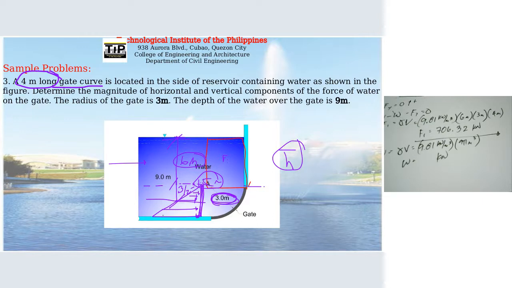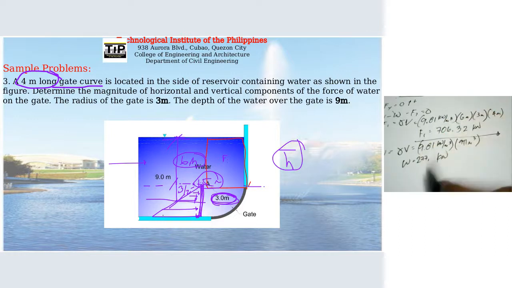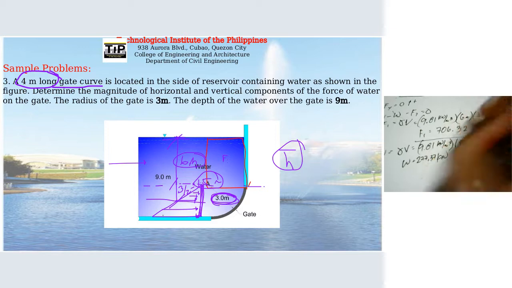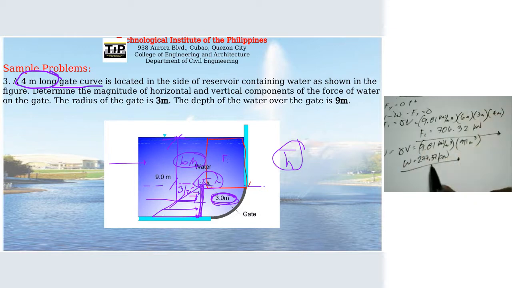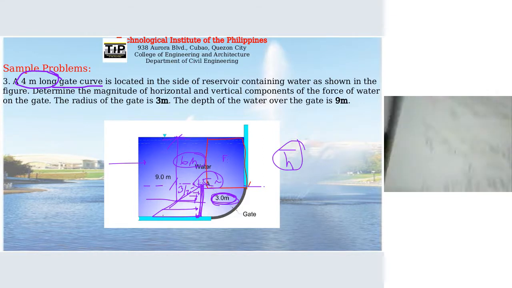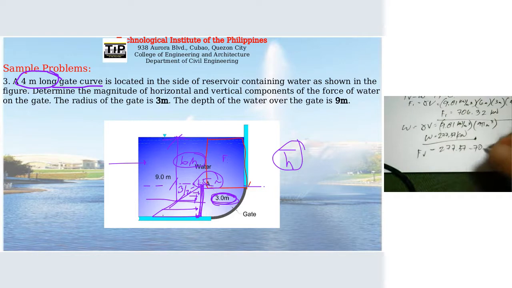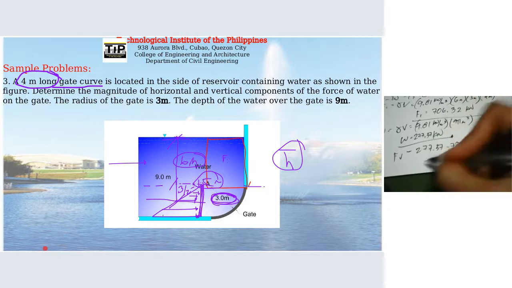Okay. Thanks, Andrea. 277.37 kilonewton. Now we can substitute these two values in this equation. So it will become F sub B minus 277.37 minus 706.32 equals 0.